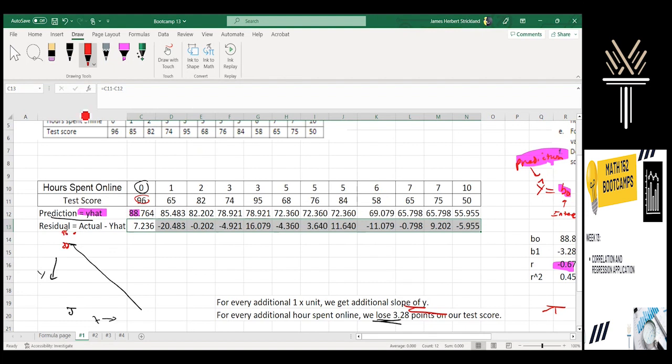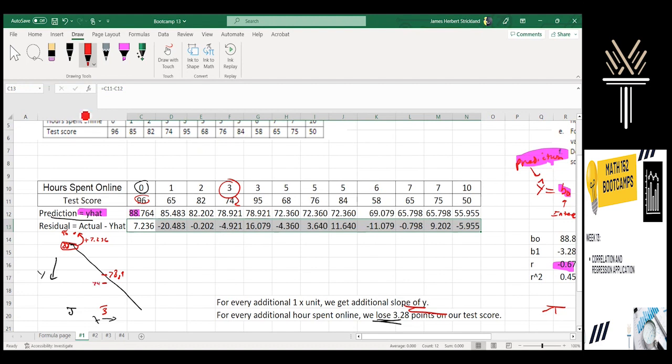So the residual is just telling us how much we need to correct our line by. In order for this prediction to be right and match the data, it would need to add 7.236 points. And likewise, over here at 3, our line is saying the score should be around 78.9. But the reality is, this person's score was actually at 74.